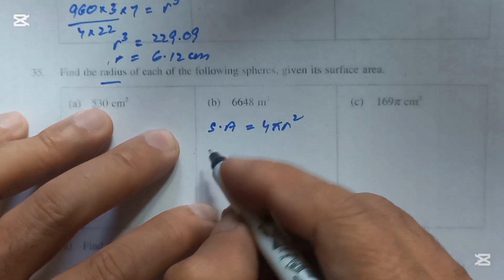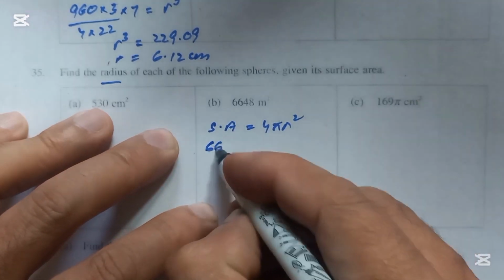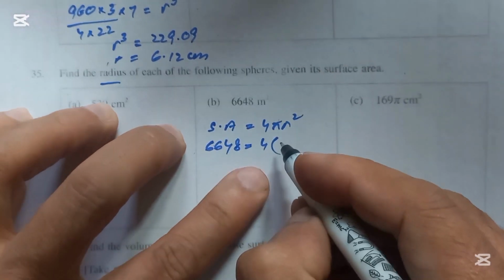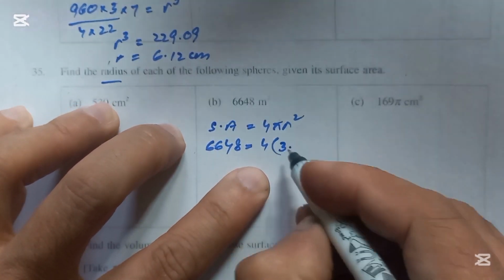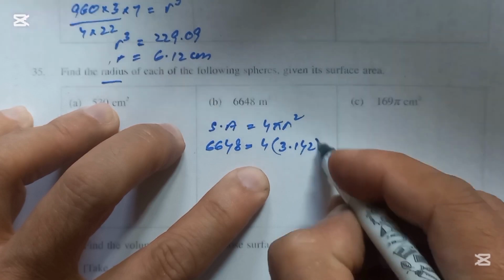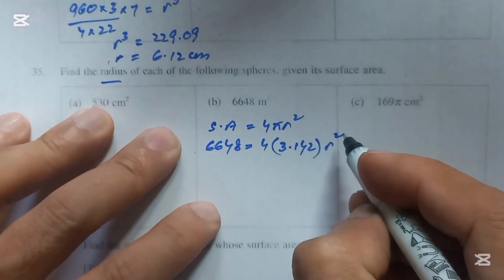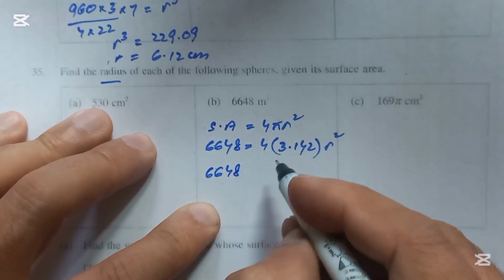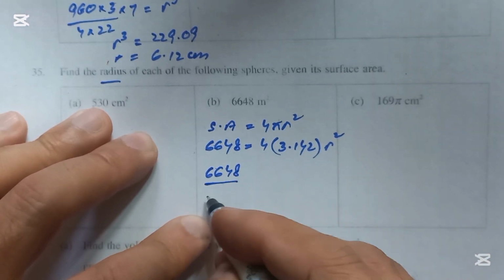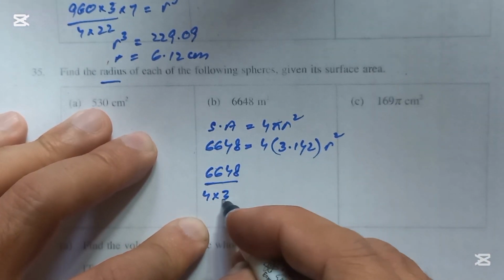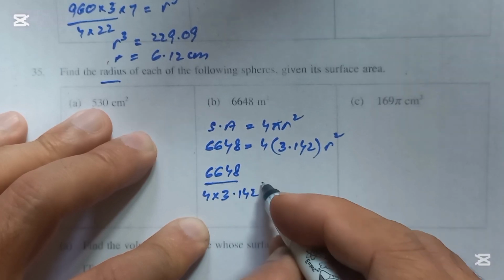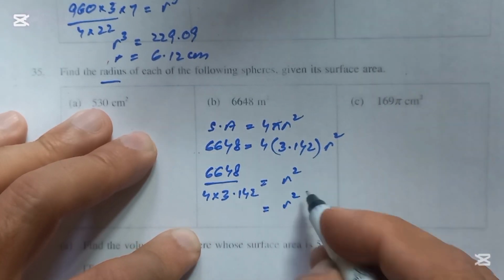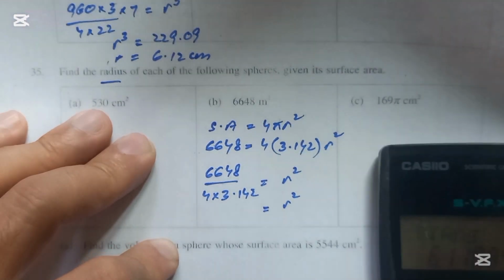The surface area is given, that is 6640. 4 will remain as it is. Pi's value is 3.142 and r square will remain here. From this step, these values will come to the left side, and on the right side we will have r square now. So solve these values on the calculator now.